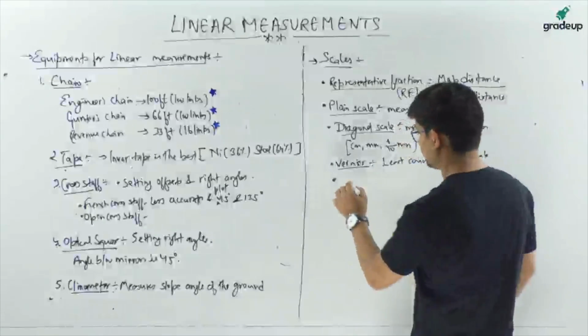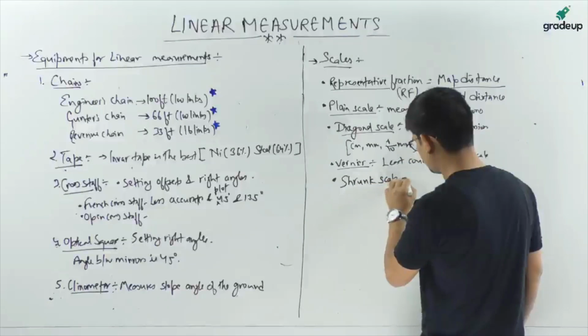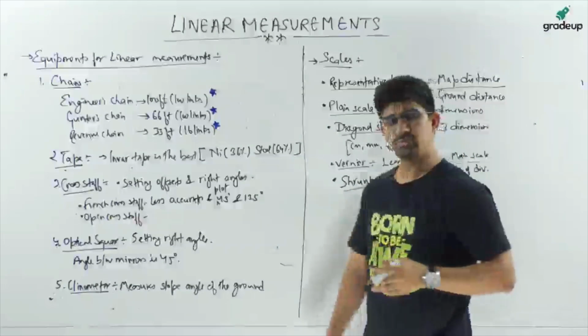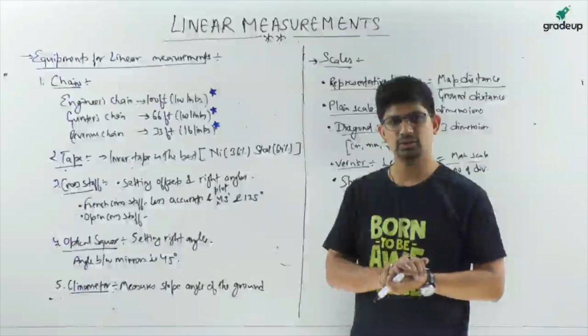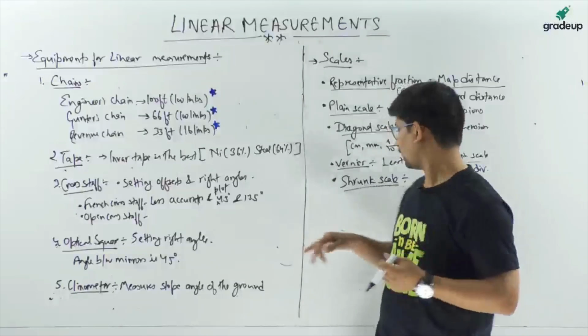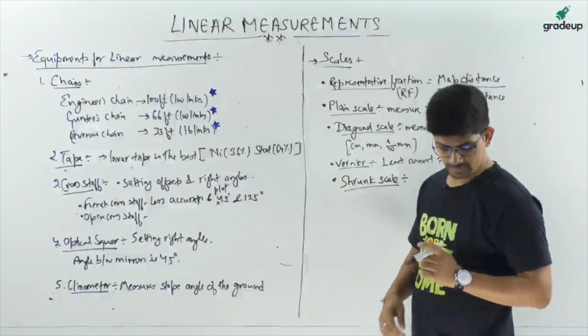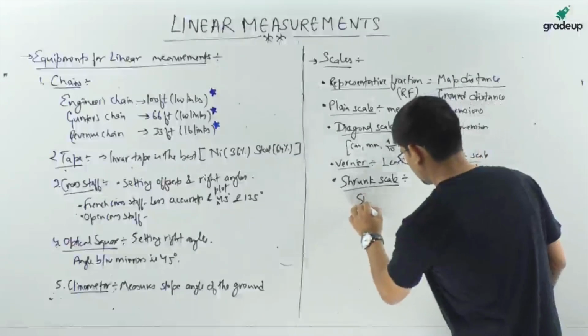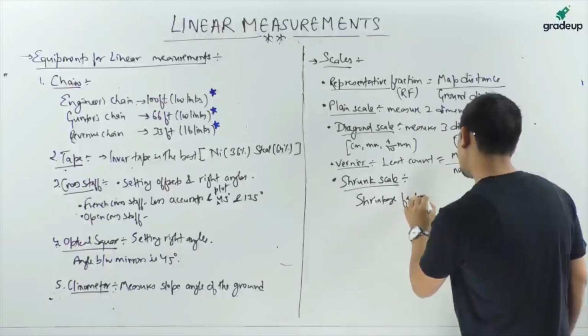Then, the important one from examination point of view is the shrunk scale. Okay, so the maps constructed around 20 to 30 years ago tend to shrink. As the paper gets old, it shrinks. So you have to construct a shrunk scale because otherwise accuracy will be affected. You have to get the shrinkage factor.